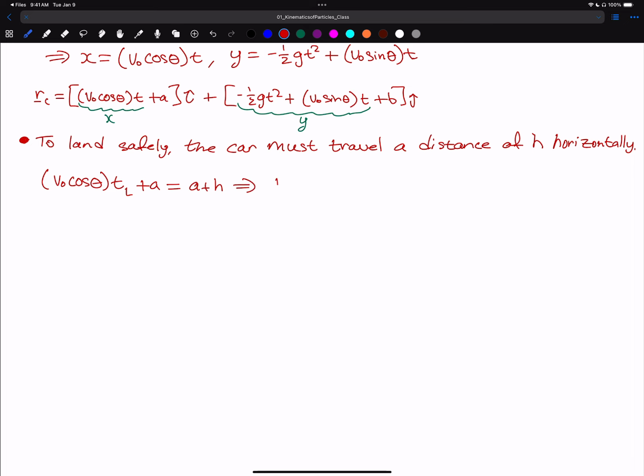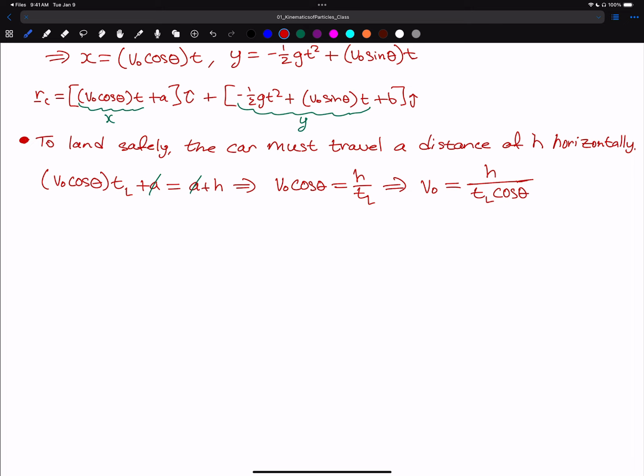Such that v0 times the cosine of theta must be equal to h over TL. So we eliminate the a from both sides, and then we divide by TL. Therefore, we find that v0 is equal to h divided by TL times the cosine of theta.